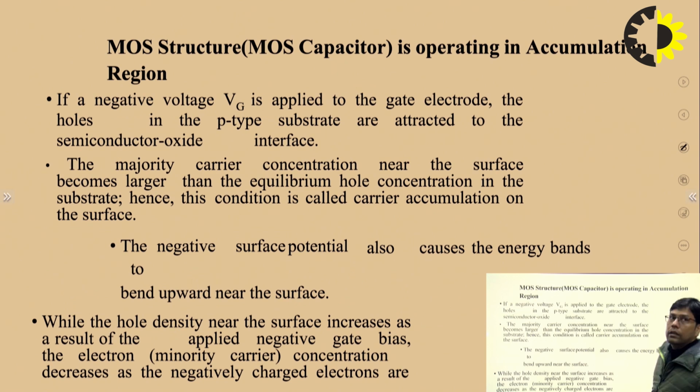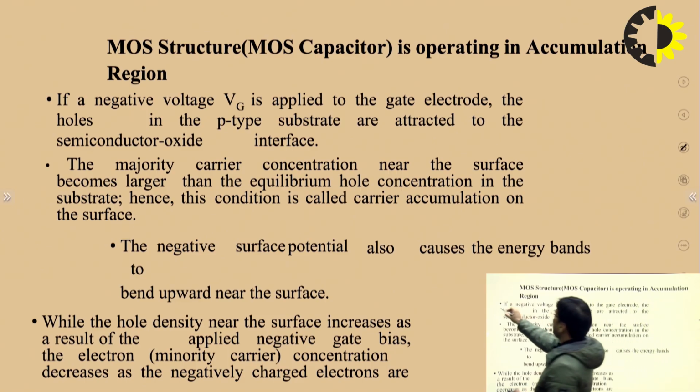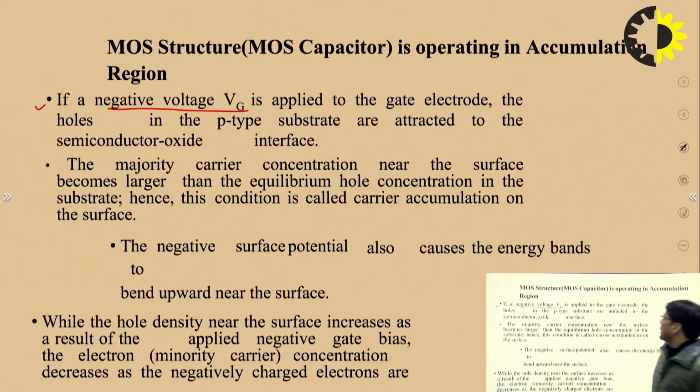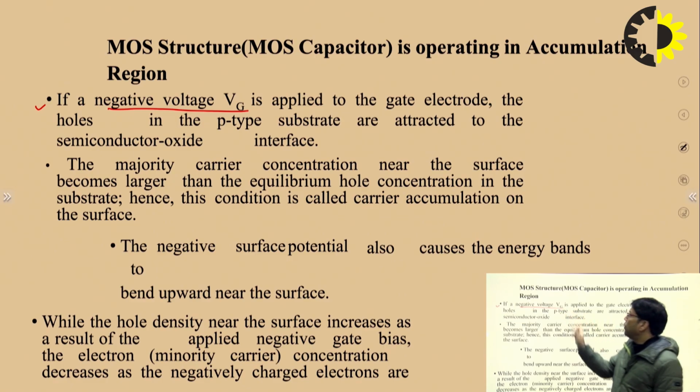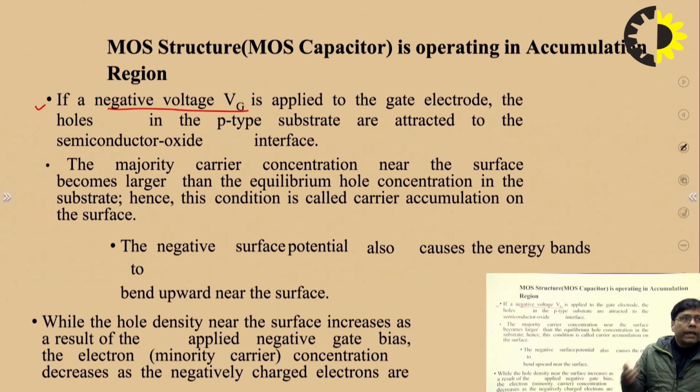First, the MOS structure in the accumulation region, that is, accumulation of charge carriers at the interface of the semiconductor and the insulating material. Here, if a negative voltage Vg is applied to the gate electrode, the holes in the p-type semiconductor are attracted towards the interface of the semiconductor and the insulating layer.